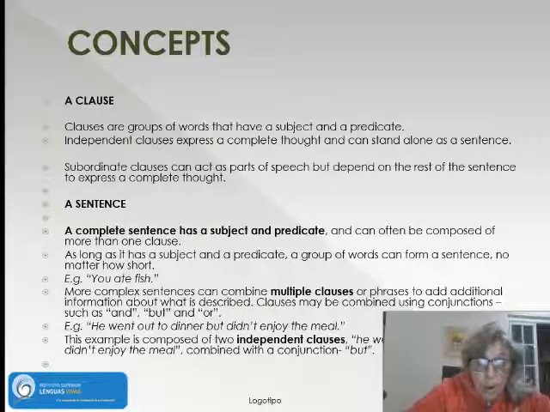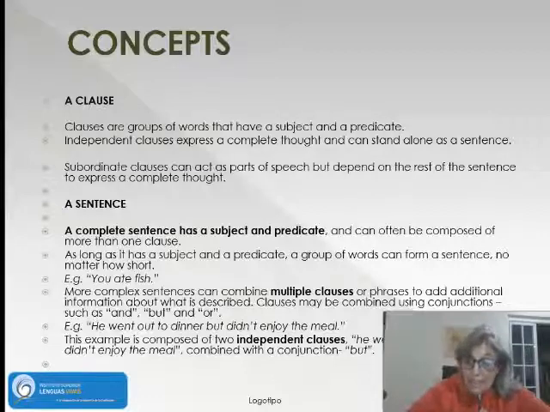I was sitting at home is an independent clause. But when somebody knocked at the door is a subordinate clause because it needs the independent clause to complete the meaning.